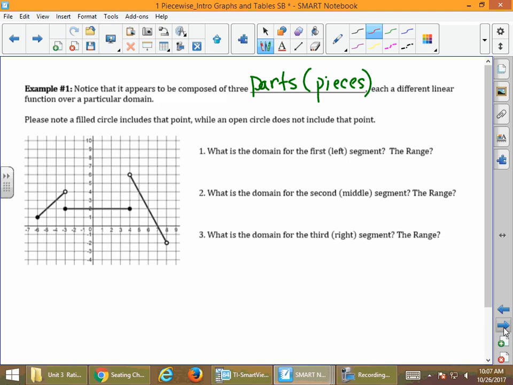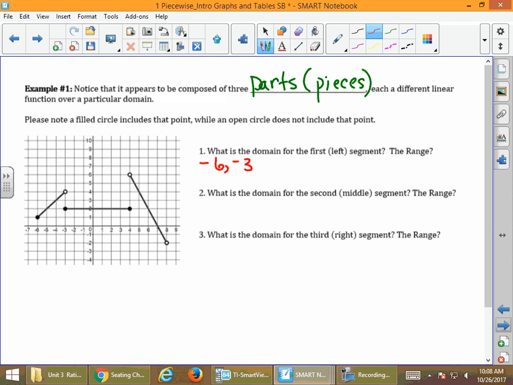And our x value of that point, farthest to the left, is -6. And the x value at the other end of this first piece is -3.